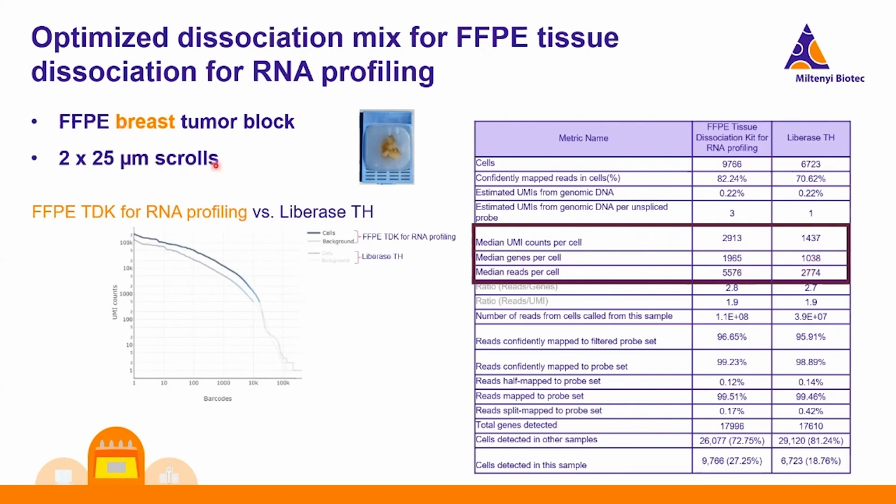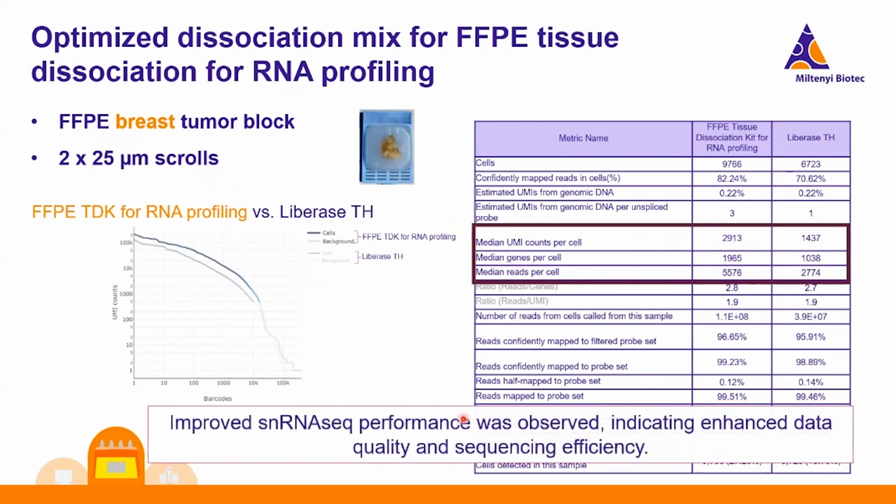And we haven't tested it only on FFPE tissue like breast tumors, but also on several other tissues. And in all cases, we obtain superior results in comparison to the Liberase TH based dissociation. So we have an improved single nuclei RNA sequencing performance, indicating enhanced data quality and sequencing efficiency.